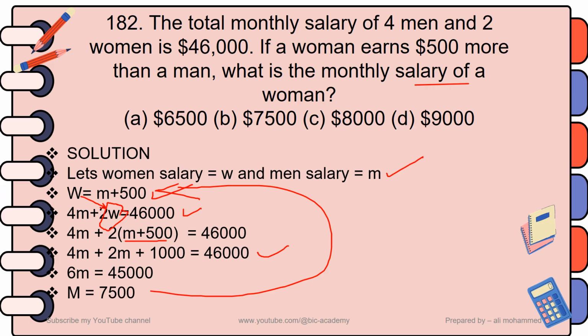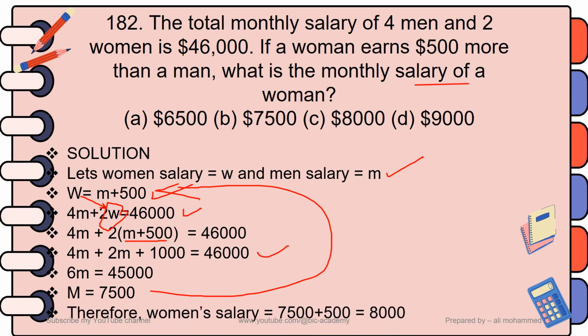So the woman's salary will become 7,500 plus 500, which is equal to $8,000. So your correct answer for this question is choice C, $8,000.